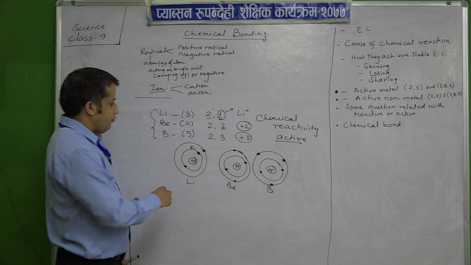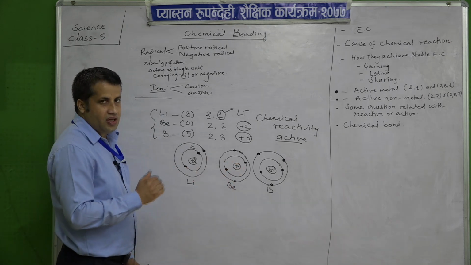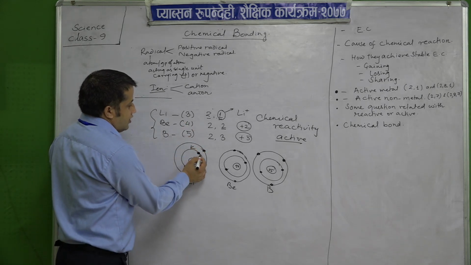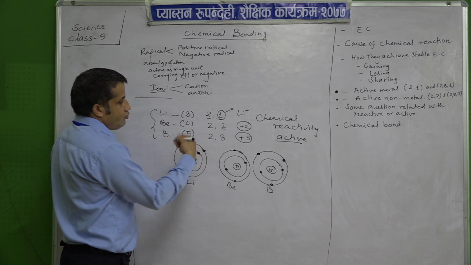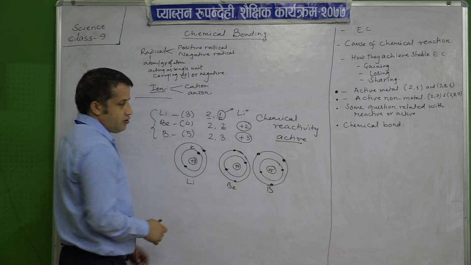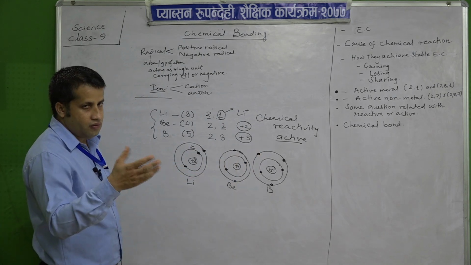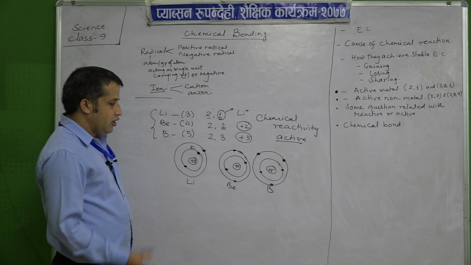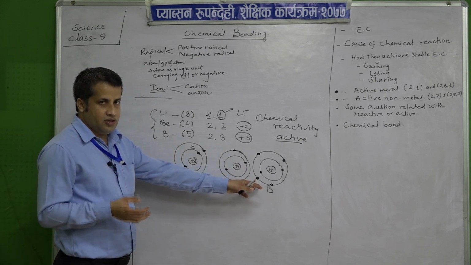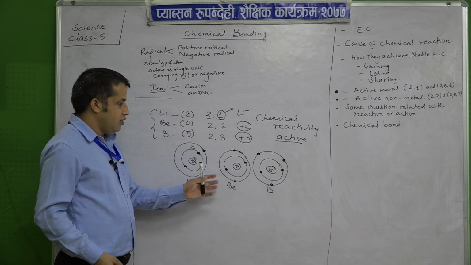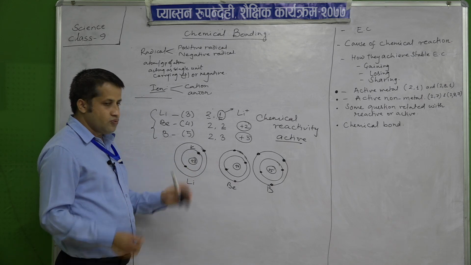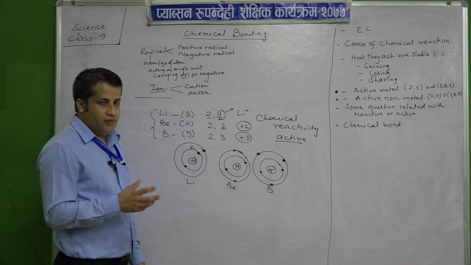All of them are metals because they have a tendency to lose electrons. This has only 1 electron to donate, this has 2 electrons to donate, and this has 3 electrons to donate or lose. So, it is not easy to donate 3 electrons. Suppose one person has 3 rupees, another has 2 rupees and another has 1 rupee.